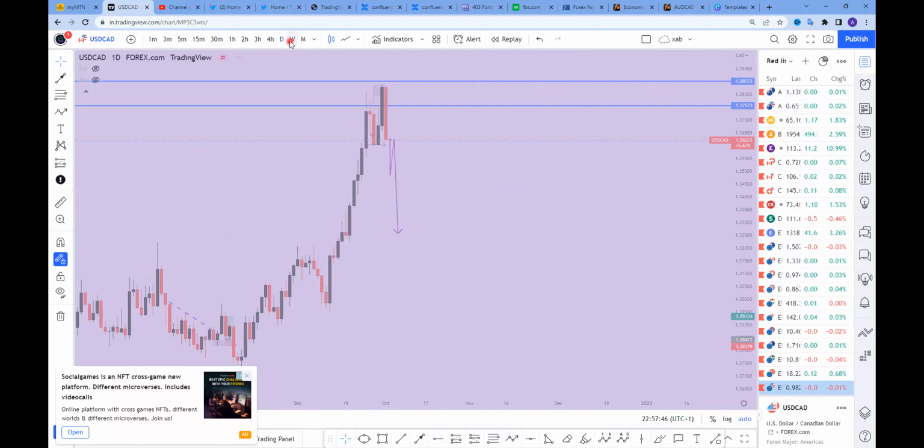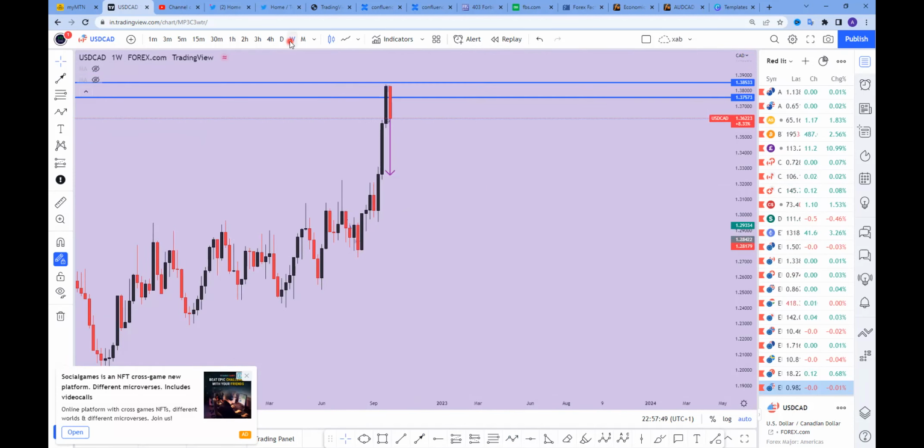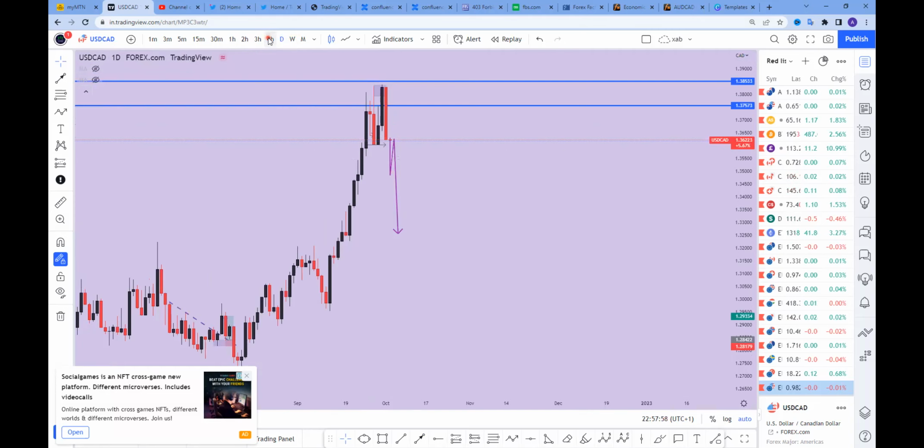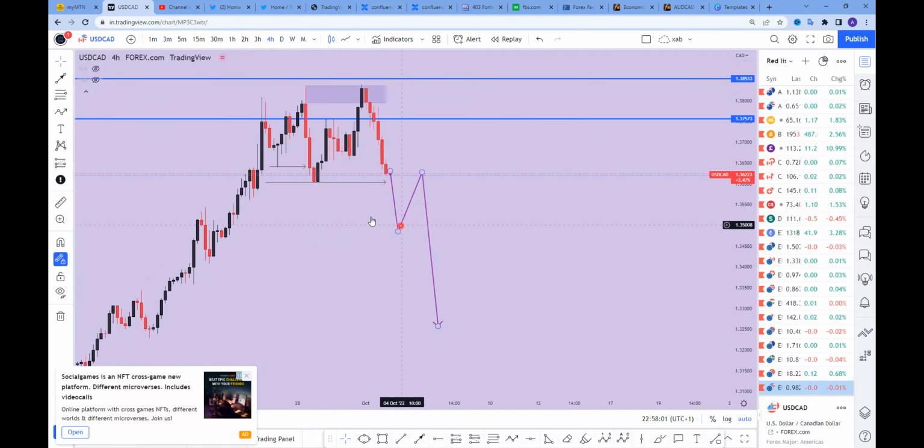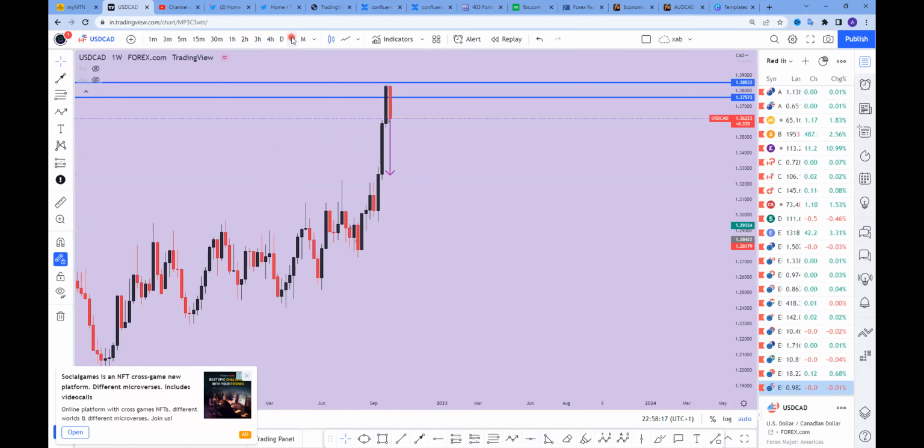Is that correct, ladies in the house? Yes. Very good. So if it closes as a tweezer top, or we get this movement that I've just shown you, a breakout below this previous low, then a retest, which would create a new lower high, then we can anticipate that price will go way lower, based on the fact that we are simply following what price is doing on the weekly time frame.